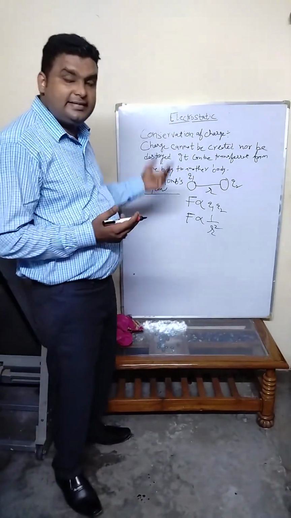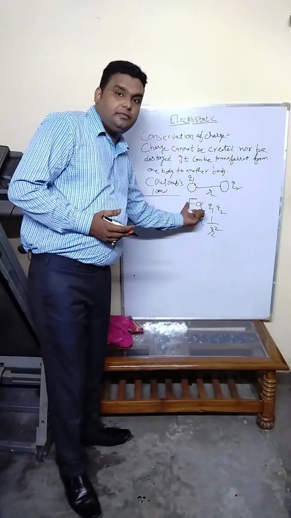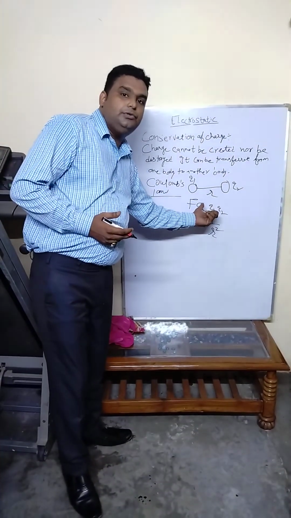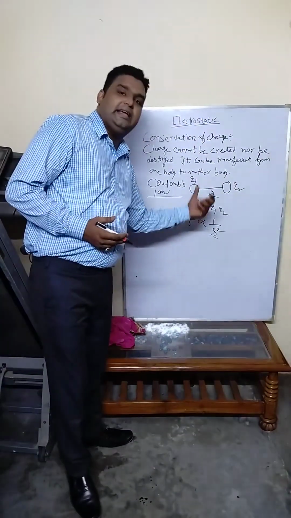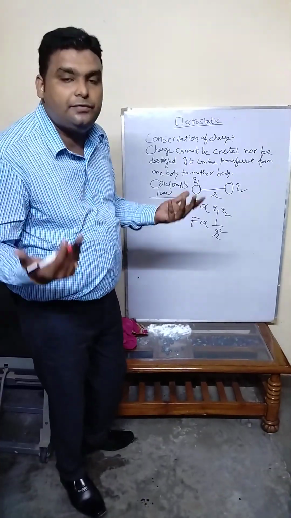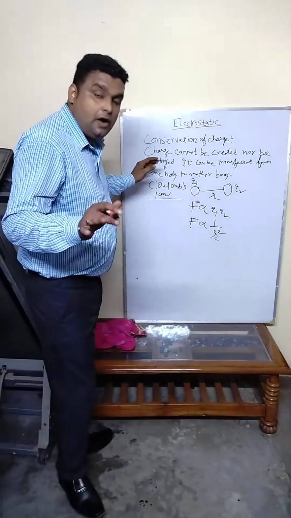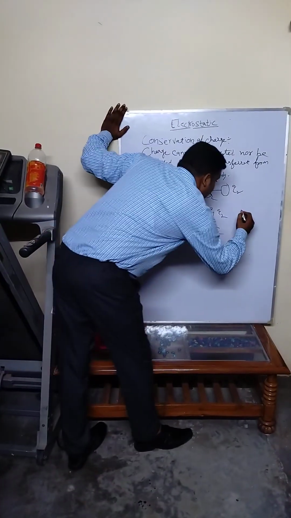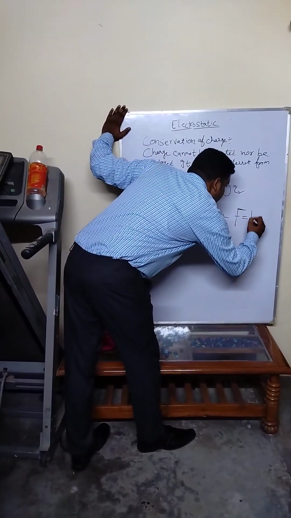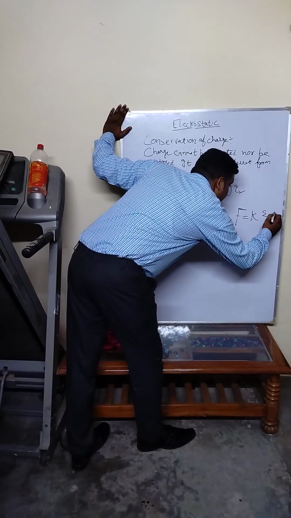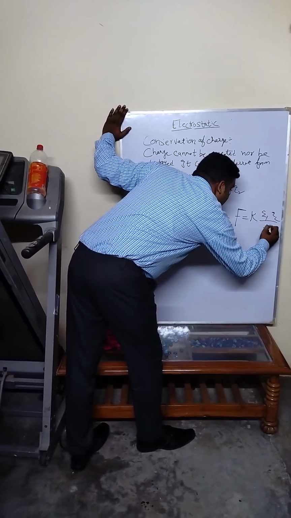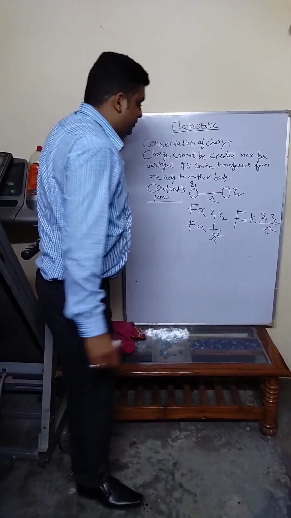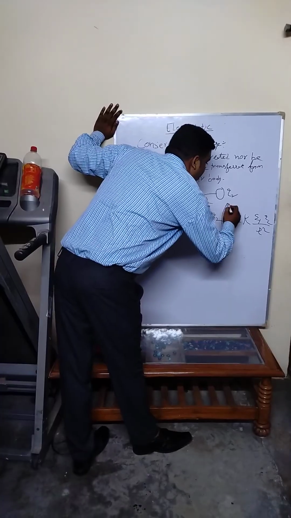The main point to understand is that the force is directly proportional to the product of two charges, and inversely proportional to the square of distance between them. Now, if we club together, we will get F = K Q1 Q2 / r². So this is called Coulomb's law.